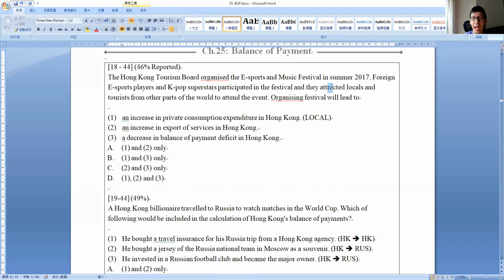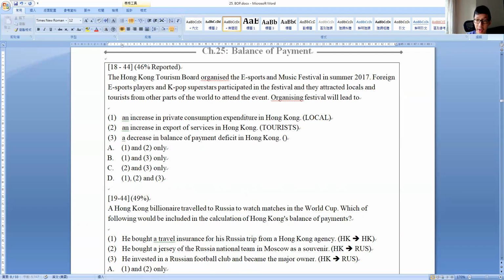係咪？Remember, attracted tourists. 係咪啊？喂。Whenever you see the words tourists, you know it will be an export of service. So 2 would also be correct. Now, what about 3? A decrease in the balance of payment deficit in Hong Kong. Do you know?